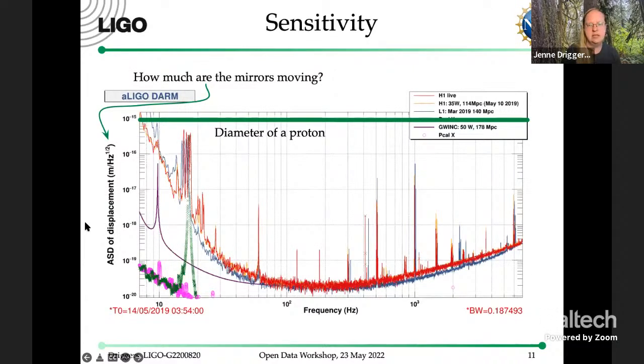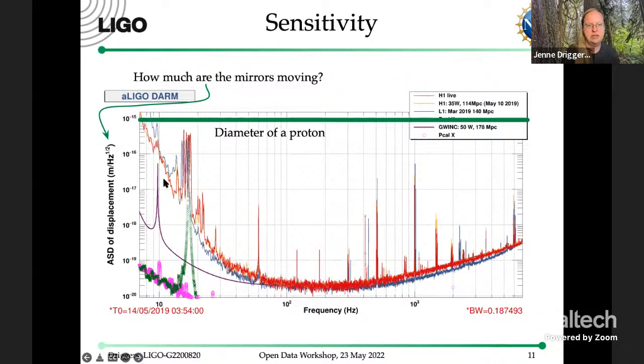So this is an image of some of our data from, this happens to be 2019 data during our third observing run. It shows many different traces, but in particular, the purple line is the design sensitivity of the gravitational wave detector. So how sensitive we think that our hardware can enable us to detect gravitational waves.